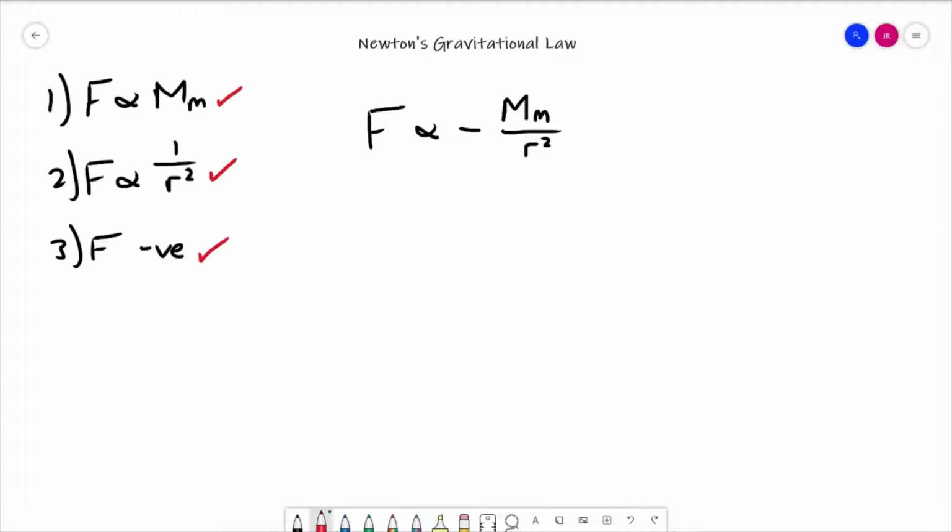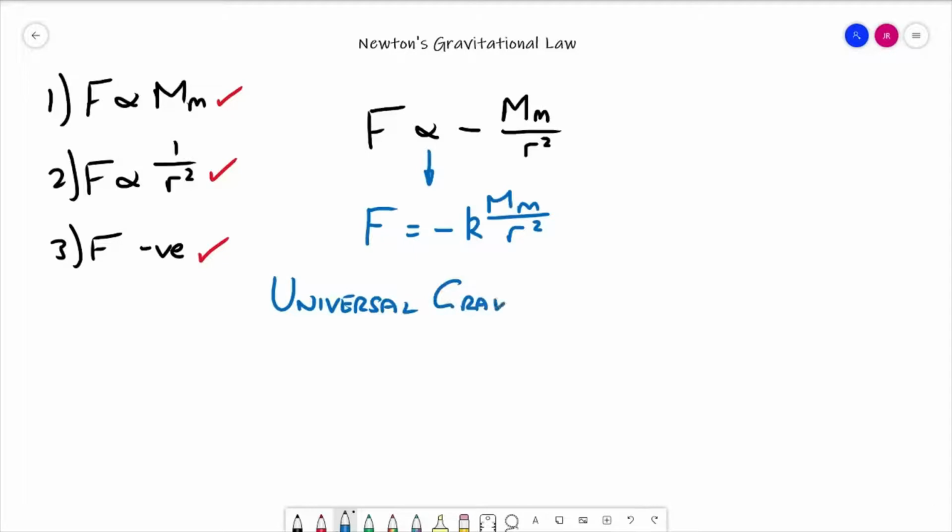It's not quite an equation, we've still got the proportional sign in there, but we're at least getting close. Now with the proportional sign we know that we always want to replace that with an equal sign and a constant. So F is equal to, keep the minus sign in, some constant multiplied by M m over r squared. Now in this law the constant is known as the universal gravitational constant.